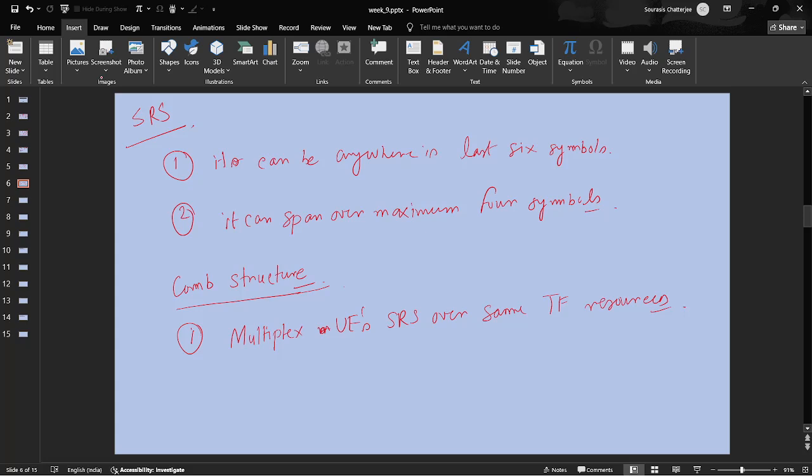By the way, when it comes to the comb structure, what are the gaps allowed? I'm not talking about the offset part; offset, of course, corresponds to the PRB boundary. The gaps, can they be any number, or are there specific numbers defined?